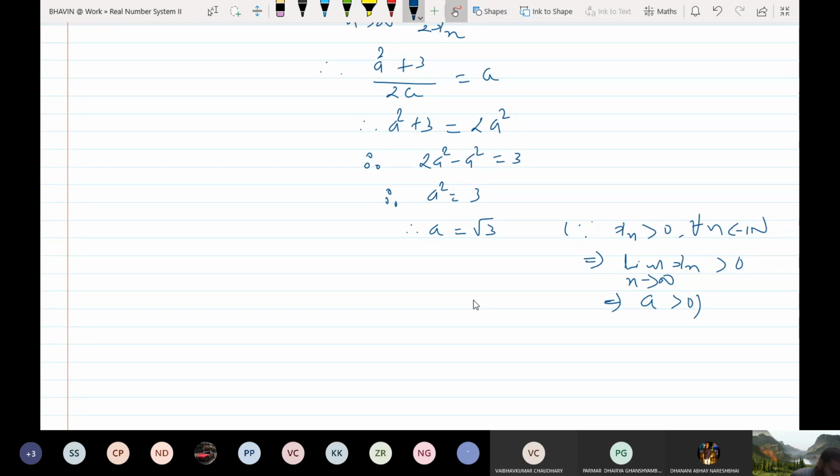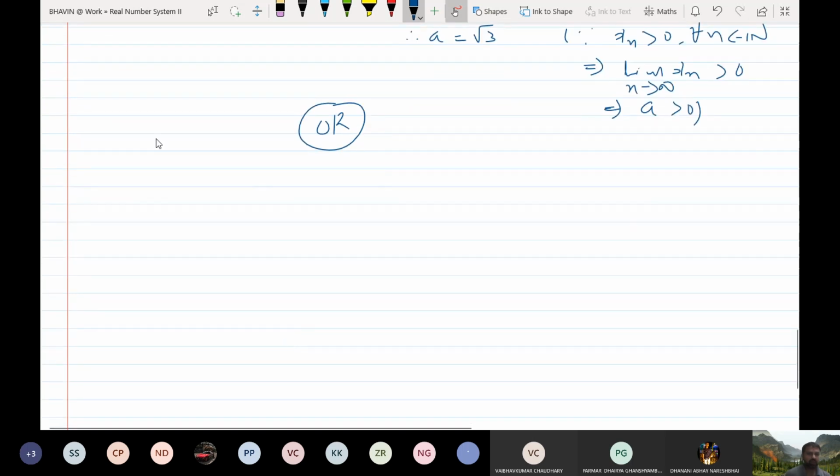So in this way you can prove it. Alternatively you can prove in this way also. See, let me just check whether this method can be applied or not. Look at this. Here I have given xn plus 1 equal to, what is the recurrence relation of the sequence? Clear? Now bring 2xn on the left side.